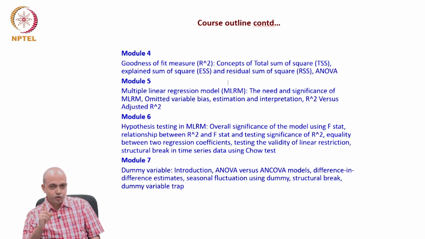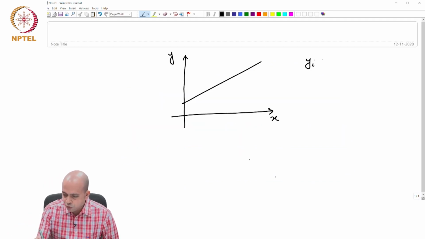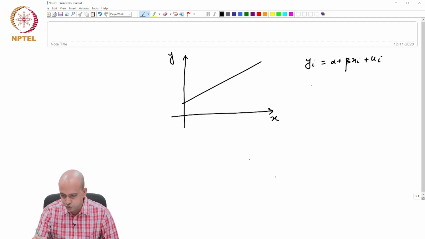because interpretation of the coefficient in a multiple linear regression model, for example, when you talk about the model yi equals alpha plus beta xi plus ui, this is called a two variable classical linear regression model.